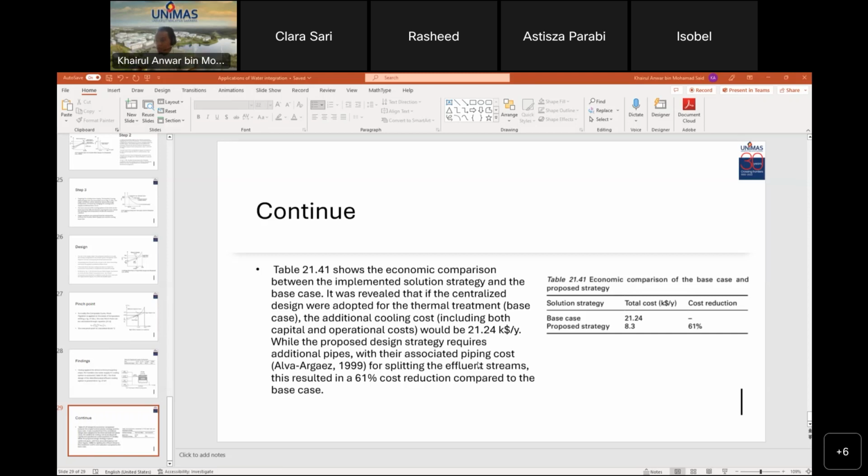This results in a 61% cost reduction compared to the best case.